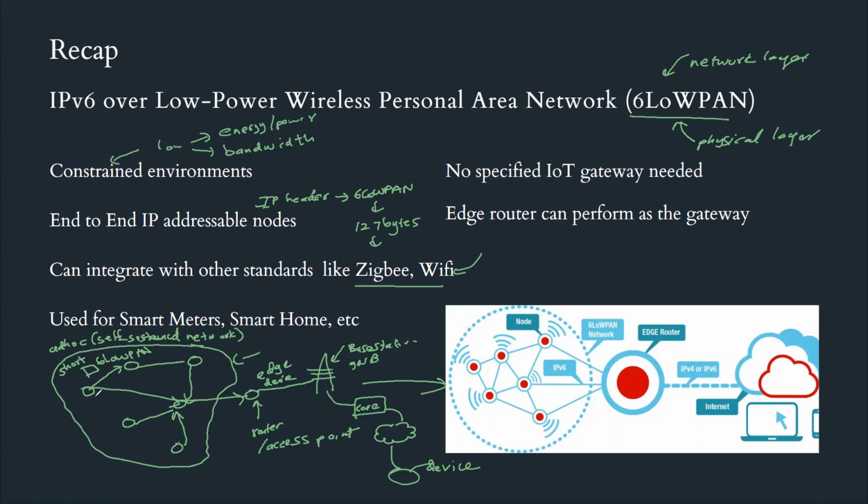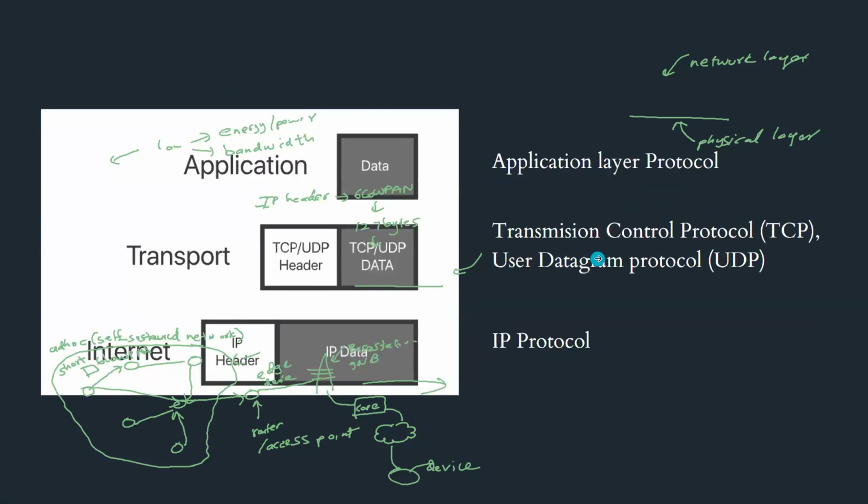IPv6 has a packet size of 1024, and below that we can send the packet using the 6LoWPAN protocol. That is basically 6LoWPAN, and it is used widely for ad hoc networks, and it is therefore useful for IoT scenarios as well.